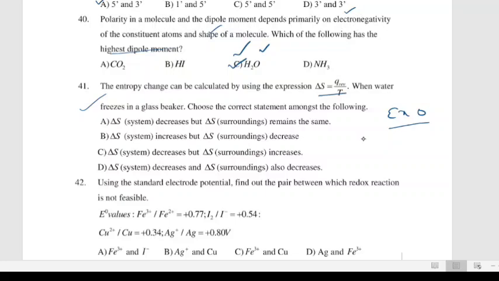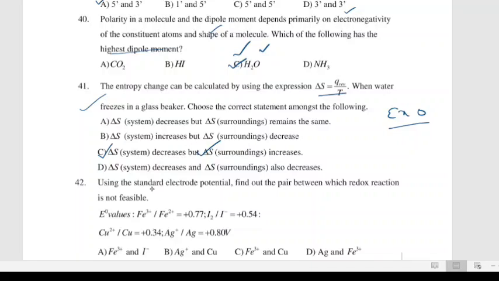Within the system, no doubt, as the water freezes, the delta S decreases as the randomness decreases. But what happens to the surroundings? The entropy change increases, and the randomness increases for the surroundings. That is the reason why the correct option is C.